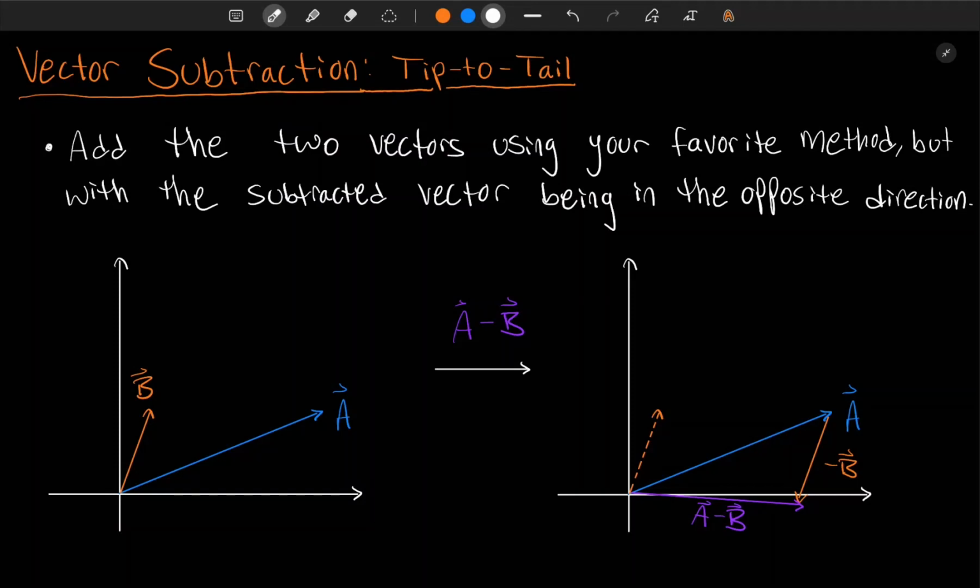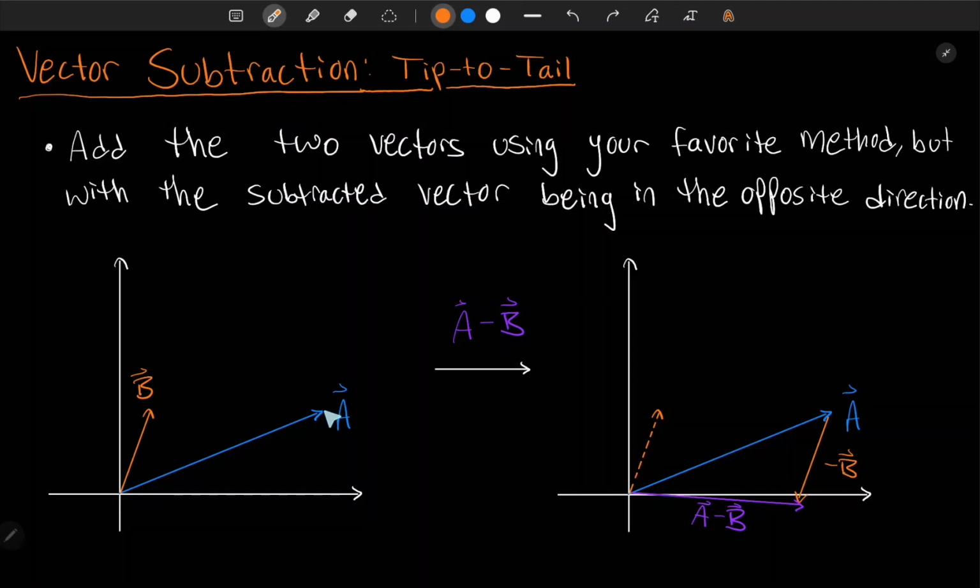So consider the same a and b vectors we've always been working with. And before, we moved b up to a, so the tail of b up to the tip of a, and we had it pointing upwards, like this. Now, for vector subtraction, we still move b up to the tip of a, but now we just flip it.